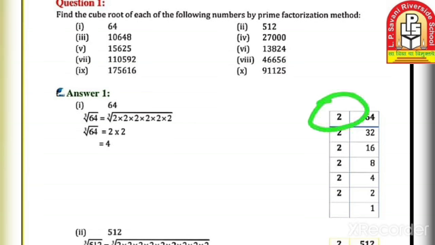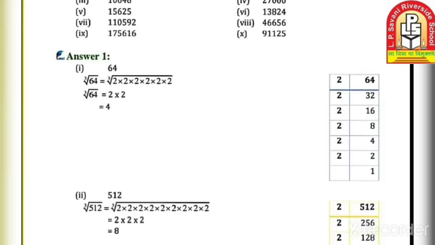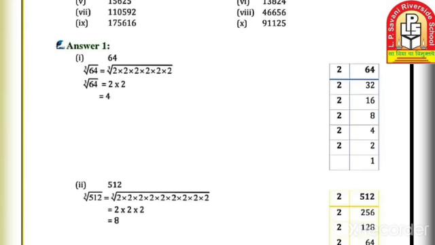So we divide 64 by 2 to get 32, and 32 divided by 2 is 16, and 16 divided by 2 gives 8, and 8 divided by 2 is 4, and 4 divided by 2 is 2. In this way we factorize 64.